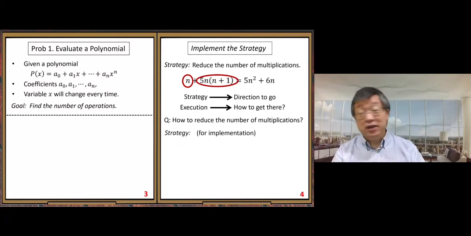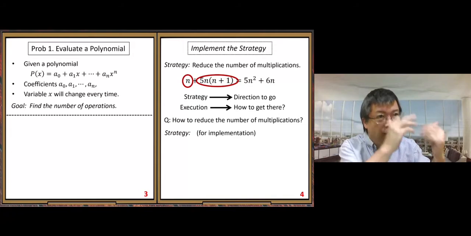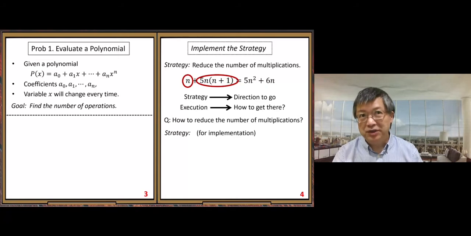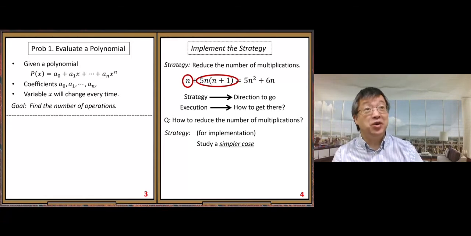Another strategy. You can see every time we have something relatively hard to work on, we need some strategy. So here, we need another strategy, this time for implementation. Study a simpler case. We used that before, right?